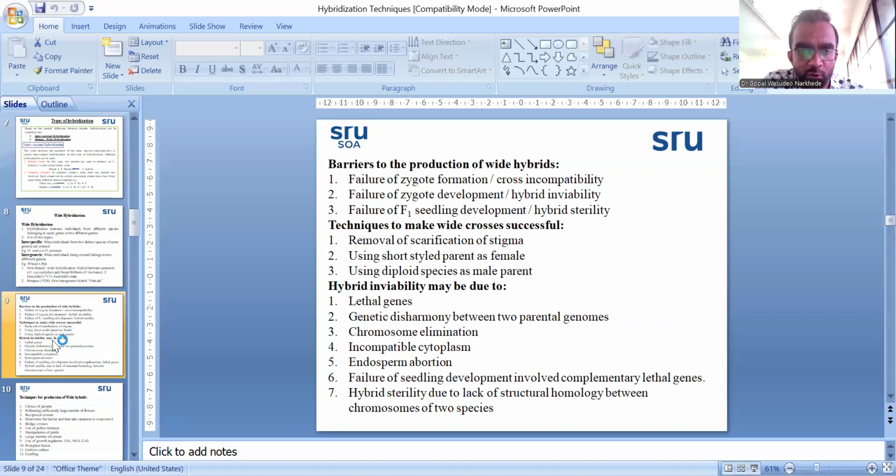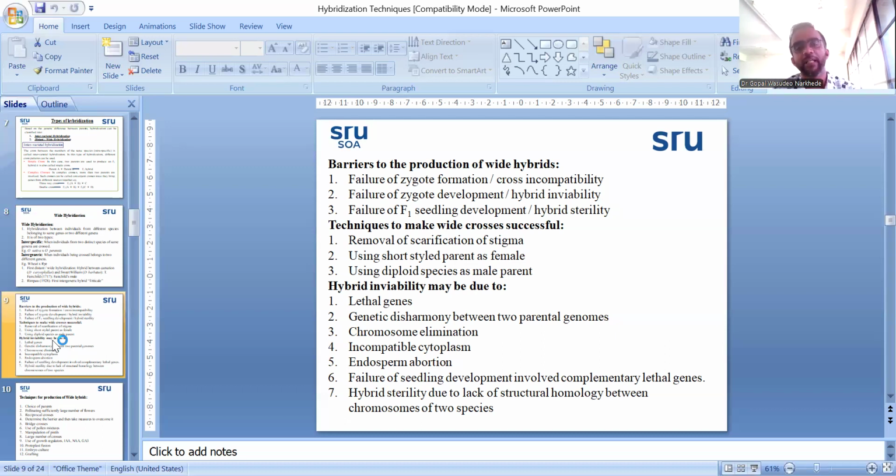Then second is use of a short style parent as a female, so that no foreign contamination will be there after the dusting of pollen, which will make this wide cross successful. And third one is use of a diploid species as a male parent, so that after meiosis, haploid gametes can form, which can be useful for double fertilization.